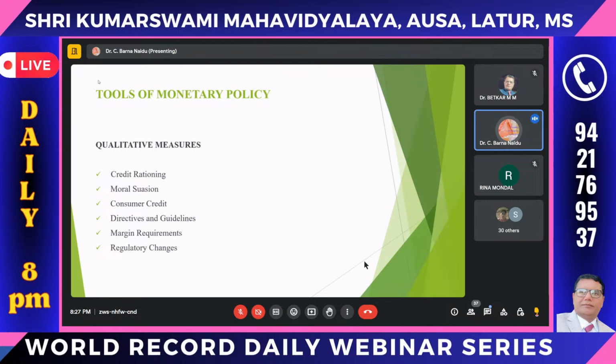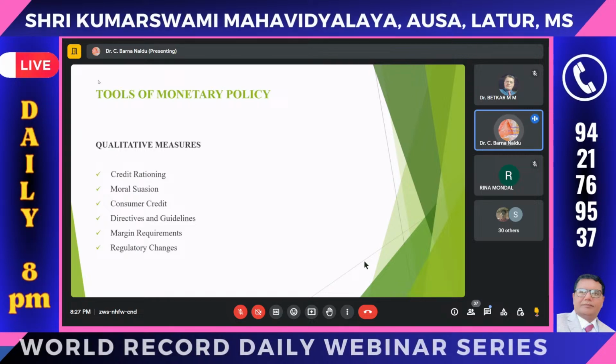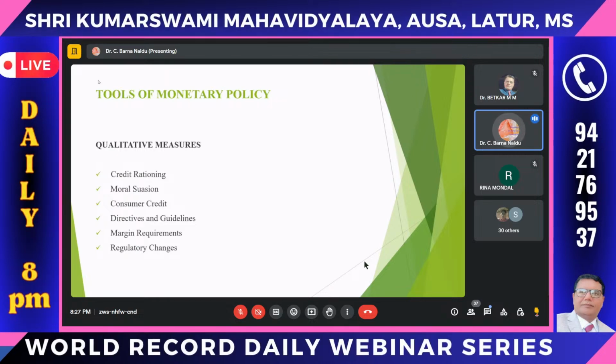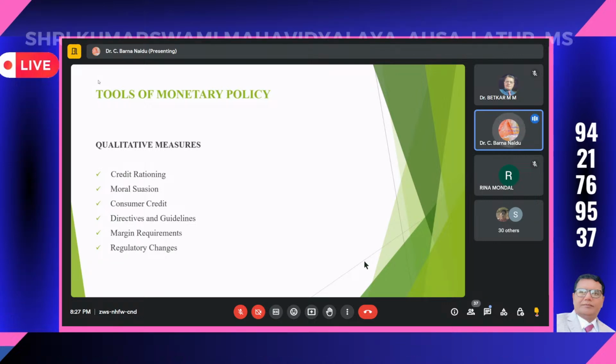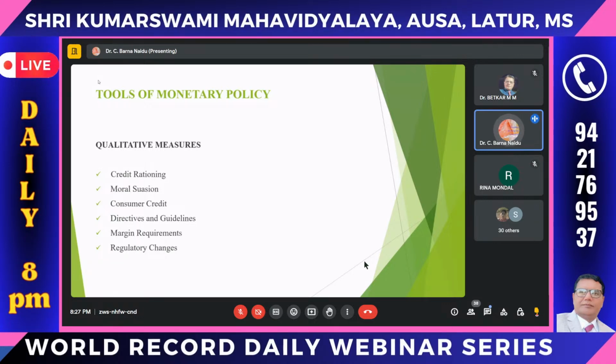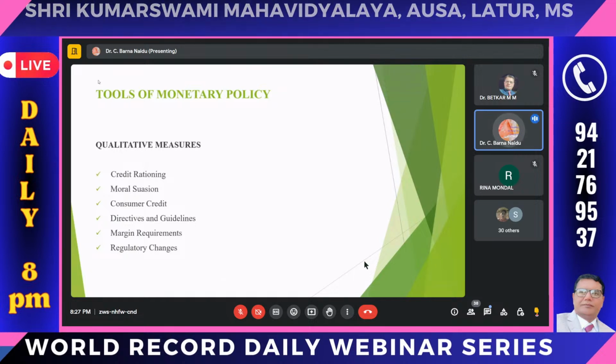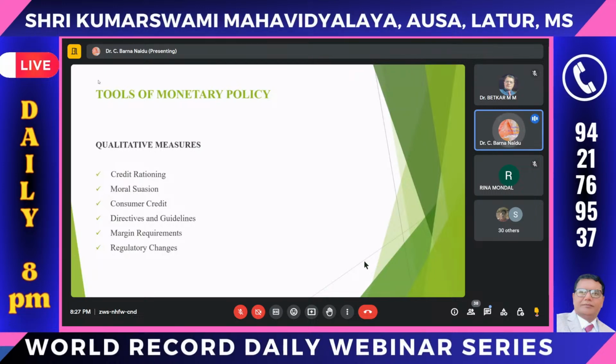Next, we have consumer credit. Consumer credit refers to the regulations or guidelines governing how individuals access and use credit for their own personal expenses. Every individual has their own credit limit depending upon their income level. These measures aim to influence spending behaviors and manage the overall credit risk of the economy, ensuring financial stability.